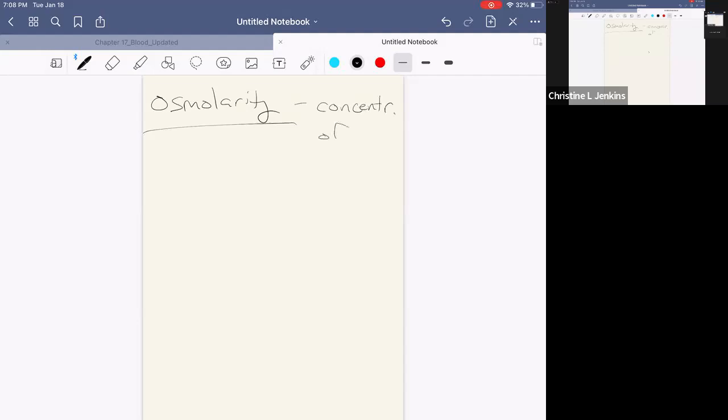Does that sound familiar? Or do you see the word osmolarity and you want to run? You don't want to run? Aren't you excited that at the end of the semester, it's going to be sunny and warm? Instead of cold and dark.